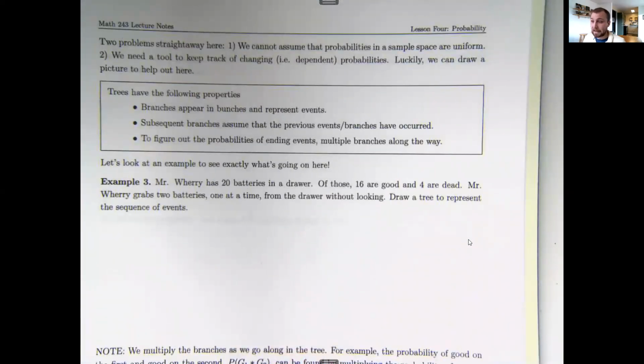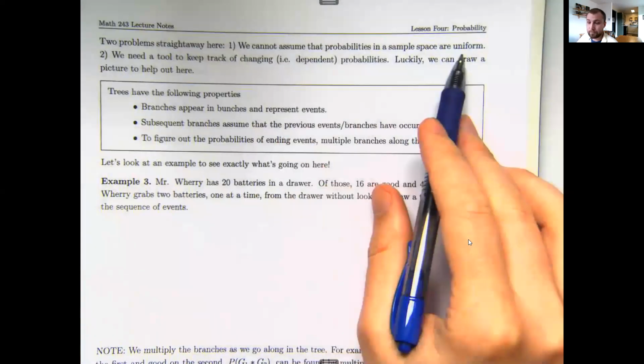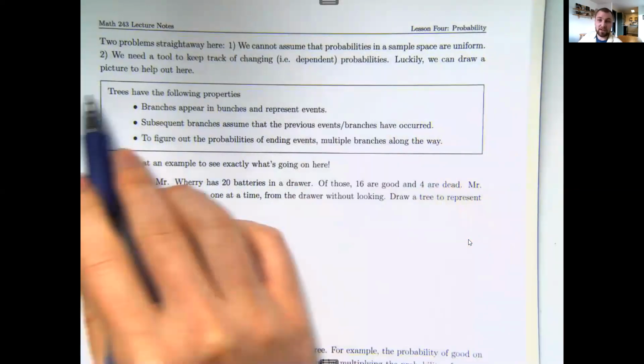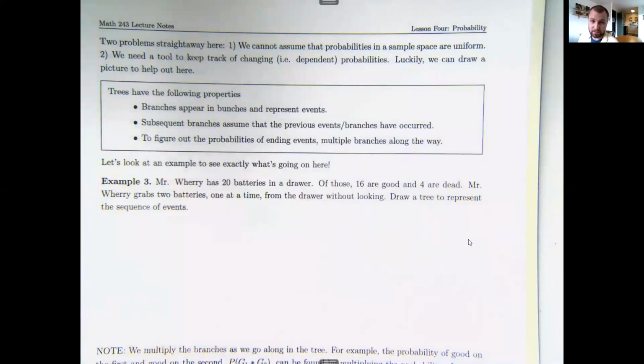Okay, I'm going to make exactly the same tree again. So I'm going to have same numbers, same situation, everything. I'm just going to talk out all the steps in more detail. So we can assume that the probabilities are the same throughout, and I have to keep track of those changing probabilities.